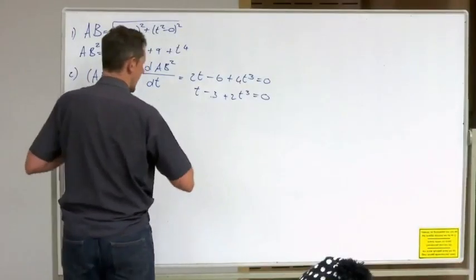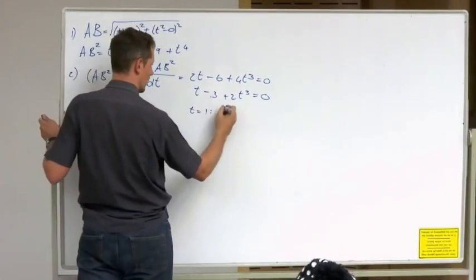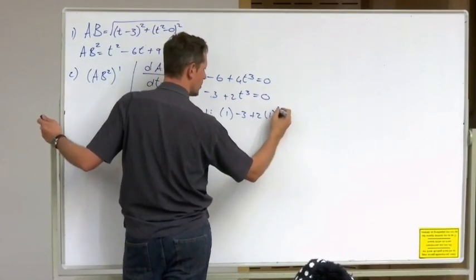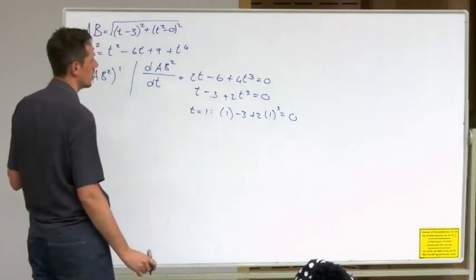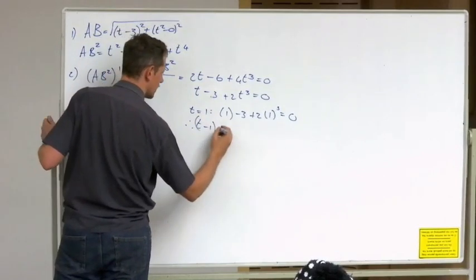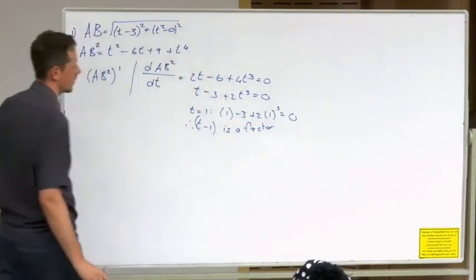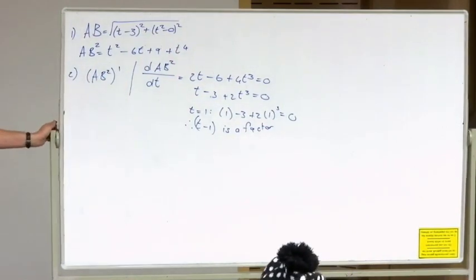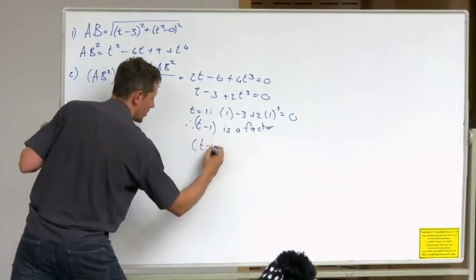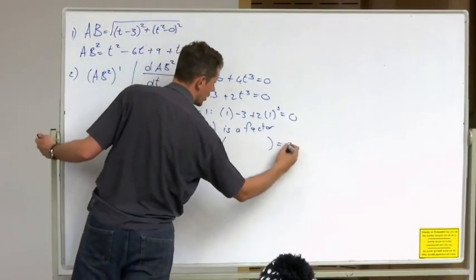But I'm somewhere going to go t is equal to 1, because 1 minus 3 plus 2 times 1 cubed is 0. So therefore, t minus 1 is a factor. But now I need to factorize this further. So I'm going to go t minus 1, and in the back, I have something equal to 0.